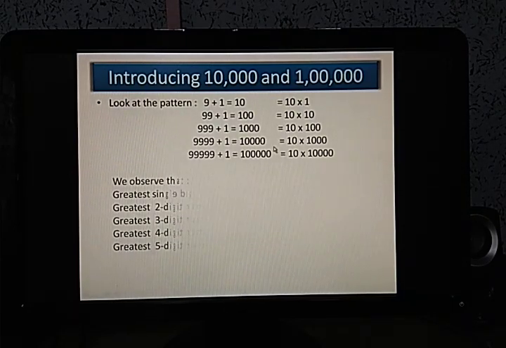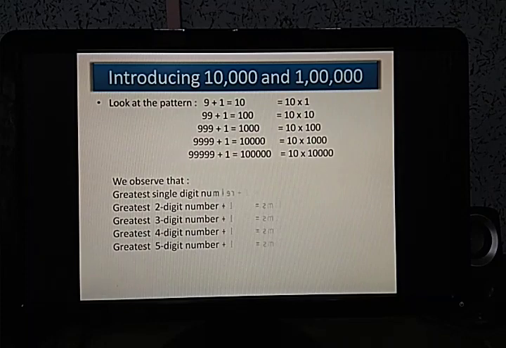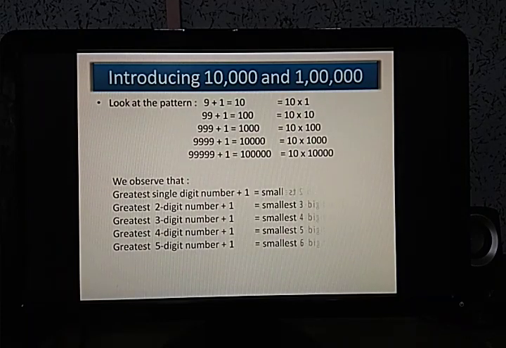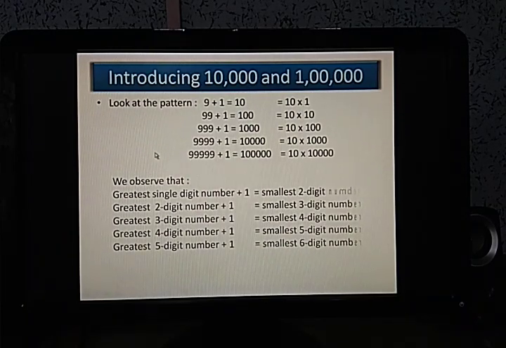From this pattern, let us see the observation first: the greatest single digit number is 9. If we add 1 to it, we will get the smallest 2-digit number. Similarly, the greatest 2-digit number, 99, if we add 1 to it, we will get the smallest 3-digit number.